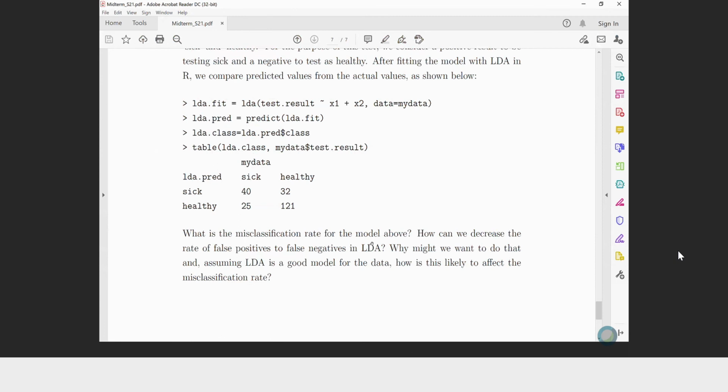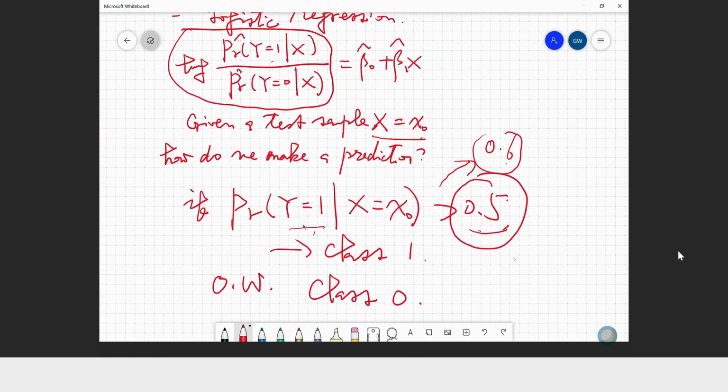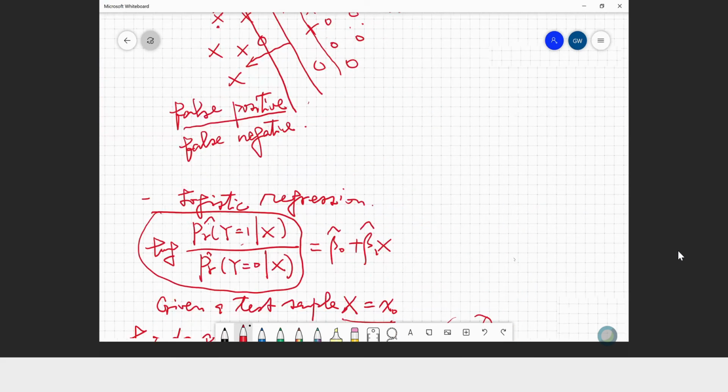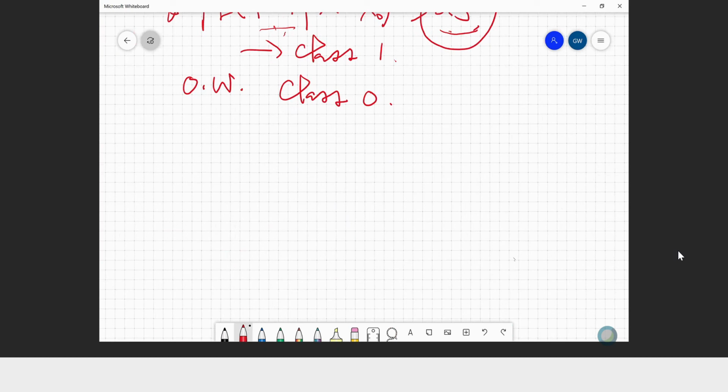Second one, why may we want to do it this way? This is also easy to understand. Let's say we have two classes. Say class 1 is the people who got COVID-19, and class 2 is healthy people.